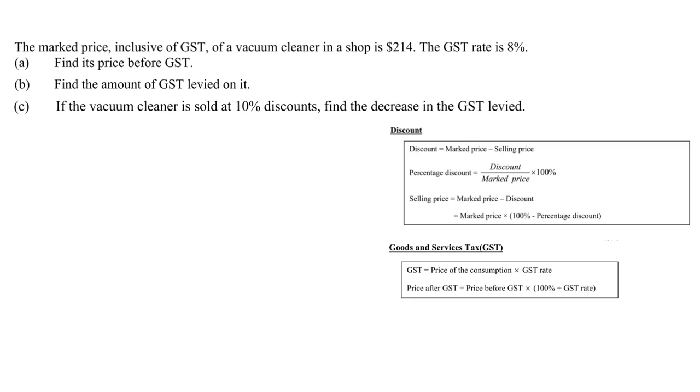Okay, so for this particular question, we are given the following. We are given the mark price. And for this particular question, for the mark price, please change it to $216, okay? And then we are also given that the goods and services tax rate is 8%.